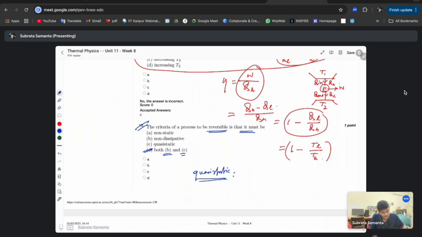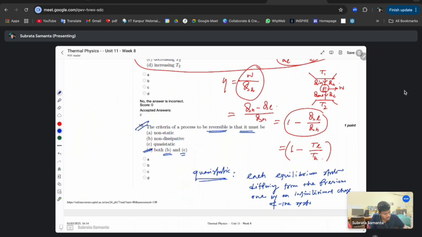Each equilibrium state differs from the previous one by an infinitesimal change of the system parameters.